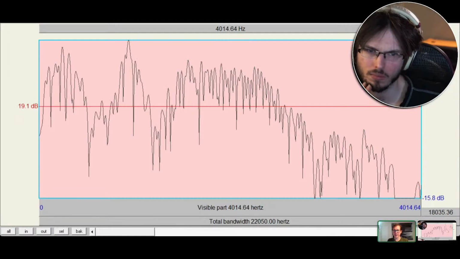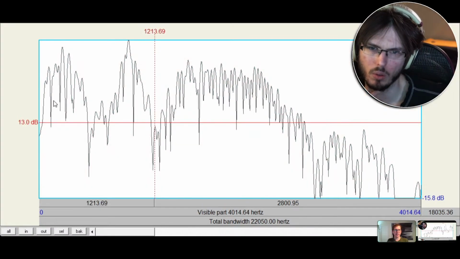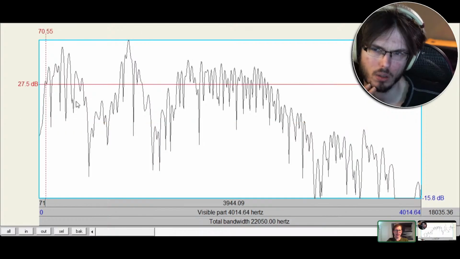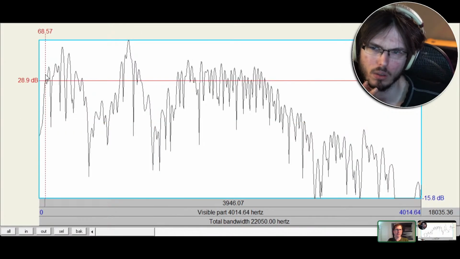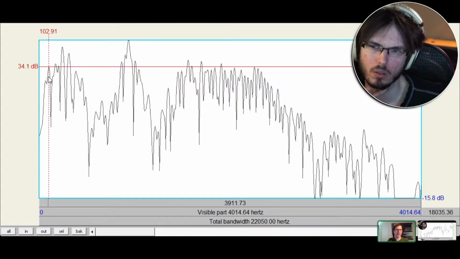So now we're looking at the same thing we saw before for the throat bass, but now we're looking at the vibration bass. And whoa, it's a bit of a squigglier mess, especially early on. But the very first peak we see is at about 68 hertz. We have a missing fundamental. But then it's 102, which was about the fundamental frequency of the vocal folds when they were vibrating earlier.